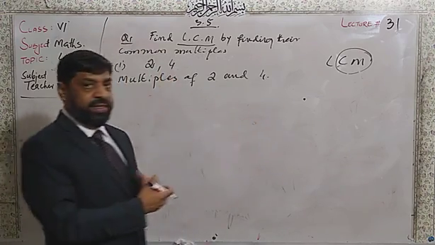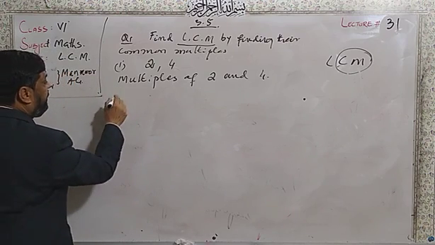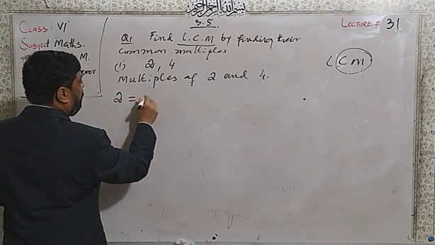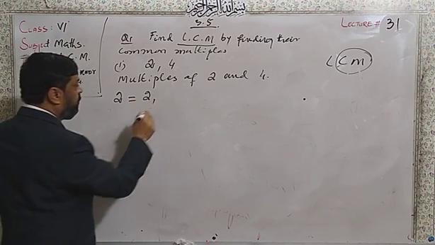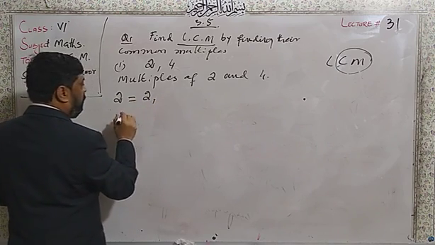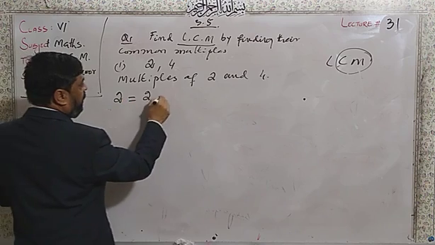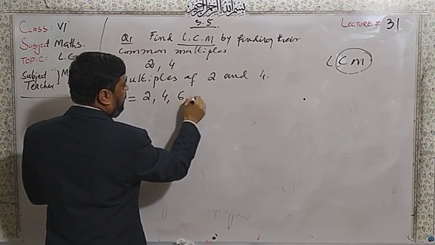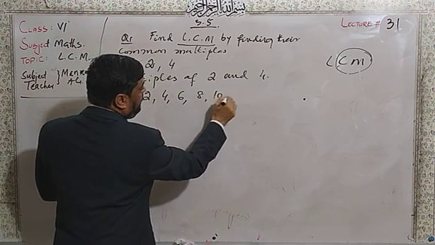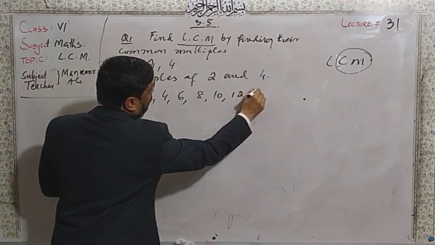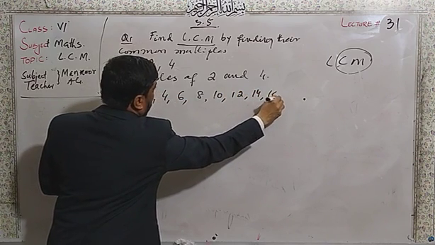And from the 2 common multiples, we have to select a small value, and that will show us the LCM. Dear students, here see: 2 ones are 2, 2 twos are 4, then 6, then 8, then 10, then 12, then 14, then 16.